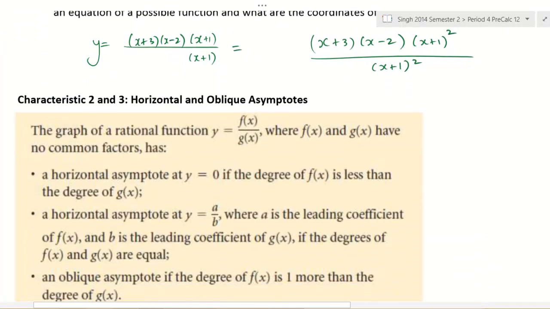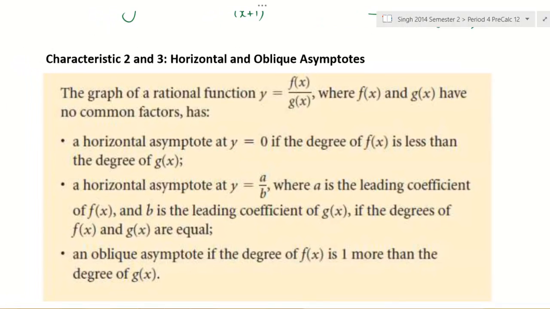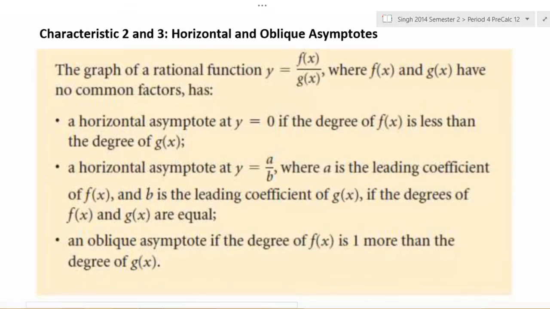Next up, we take a look at formally the definition of horizontal and this new idea of oblique asymptotes. So I've already gone over the horizontal asymptotes as we were doing the example. Let me formally summarize that for you now. So the graph of a rational function y equals f of x over g of x, where f of x and g of x have no common factors. We start looking at horizontal asymptotes taking away the common factors.